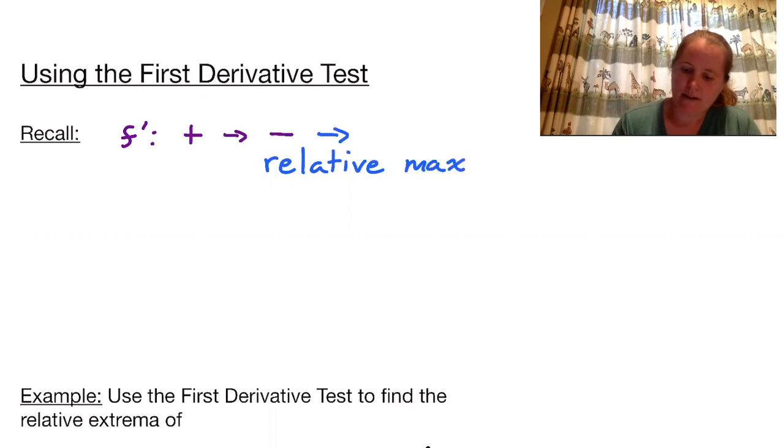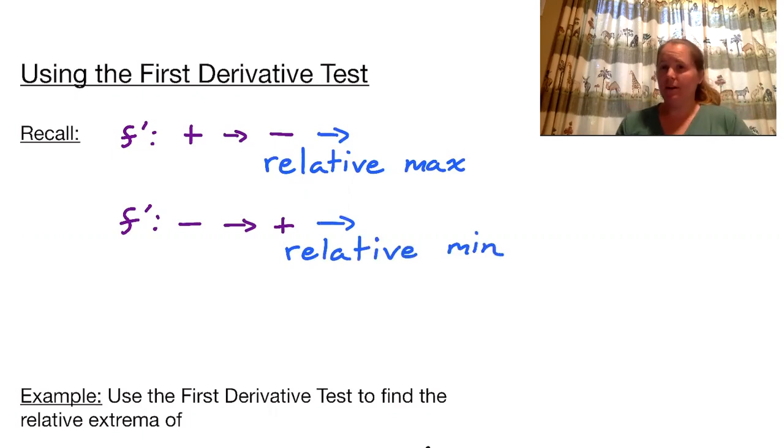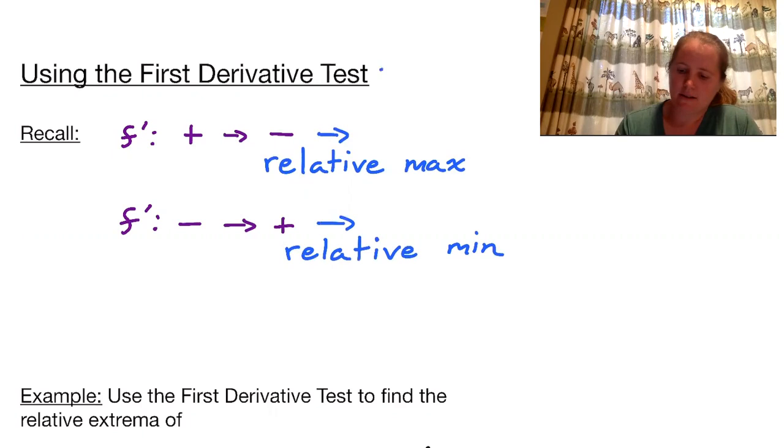If f prime went from negative to positive, then we had a relative min. And otherwise, if it doesn't switch signs, then there's no relative extrema.